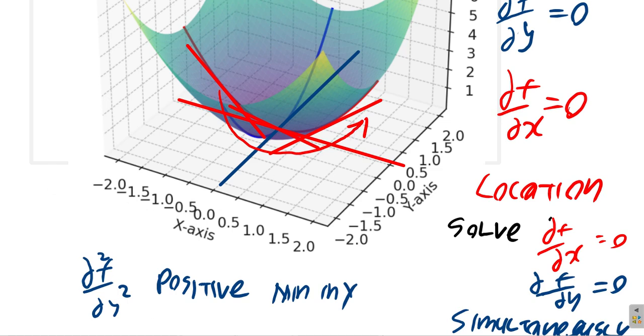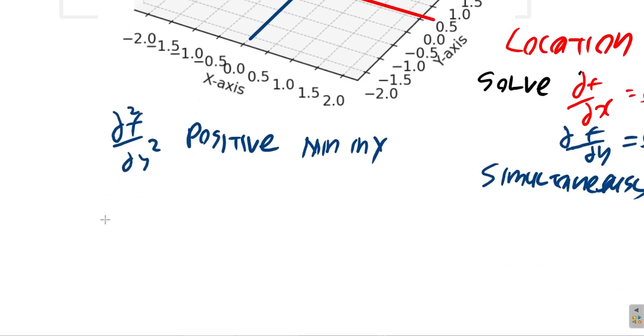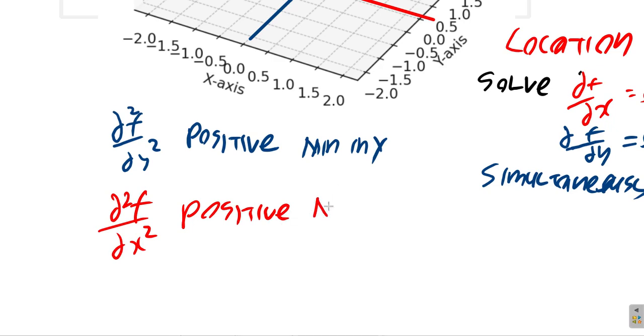So delta squared f by delta x squared will also be positive. So that shows that there is a minimum value in x.